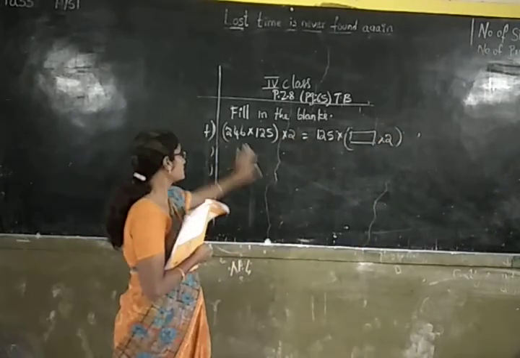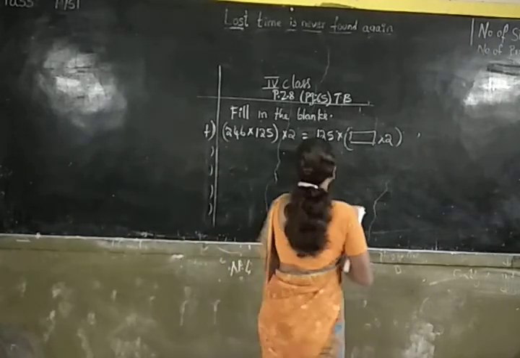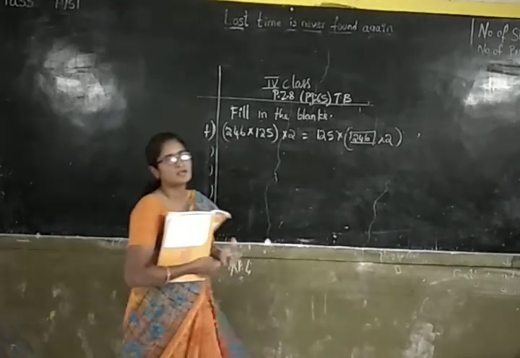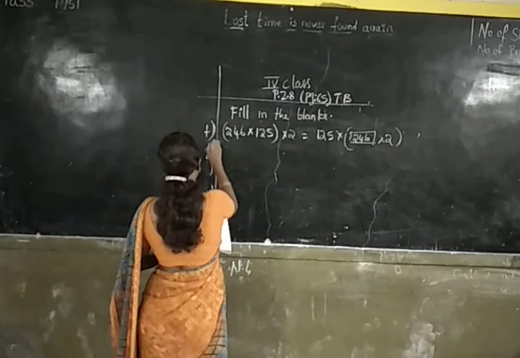Here the missing number is 246. We have written 246 here according to the associative property of multiplication. Now let us do the G sum.